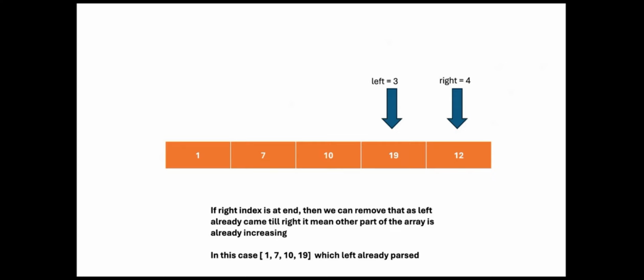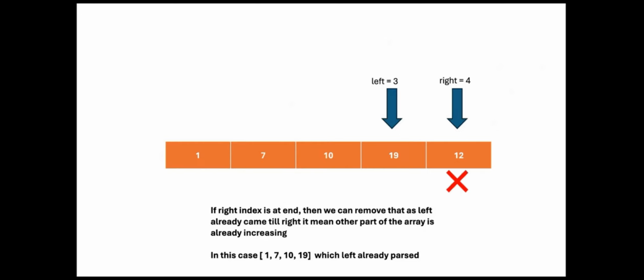If the right index is at the end, we can remove that because left already came till right. It means that if we remove the right, the other part of the array is already increasing. That is why the left index was able to pass, which is 1, 7, 10, 19. So in this case also we will return true.